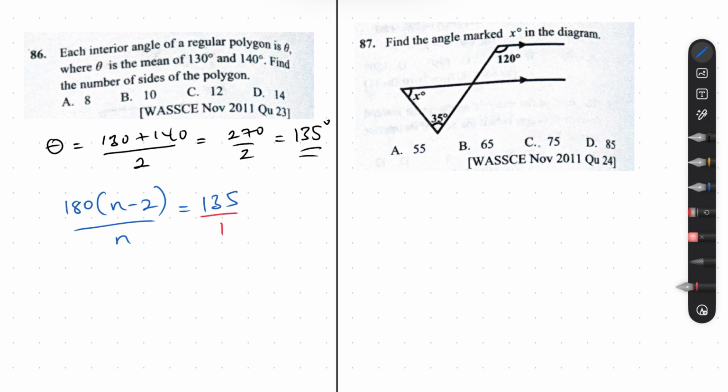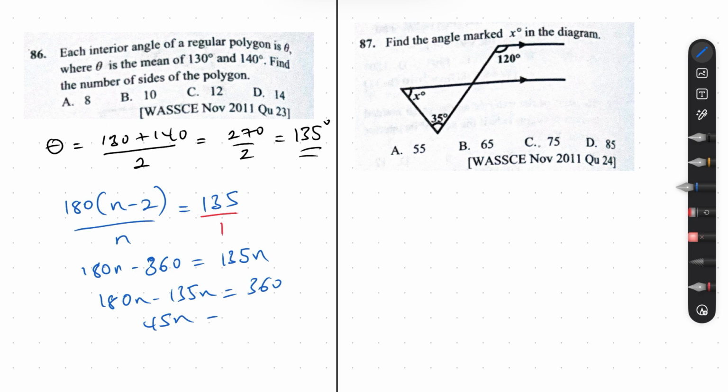So we cross multiply, we get 135n equals 180n minus 360. When we flip, we have 180n minus 135n to give us 360. So 45n is equal to 360.